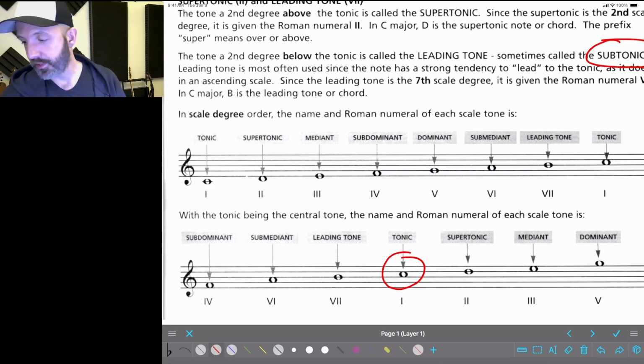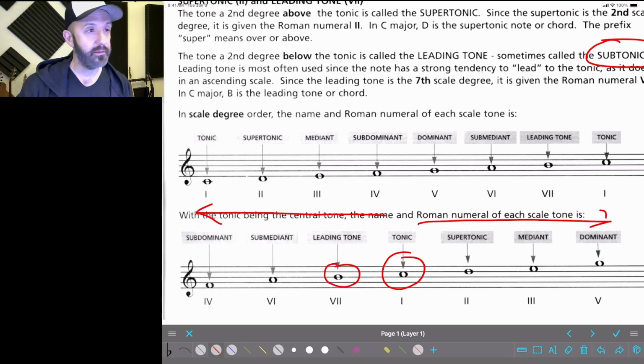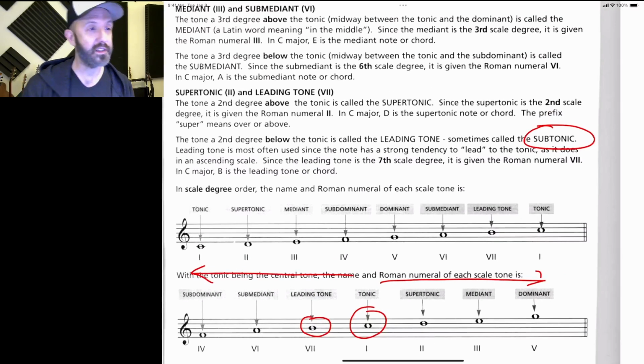So supertonic is above, the mediant, and the dominant. You need to learn these, and then these are just subdominant, submediant. Leading tone's a little different, but it's a little brute memorization, and hopefully understanding where these names come from makes it easier to remember. Once you understand where the terms are coming from, they're pretty logical.